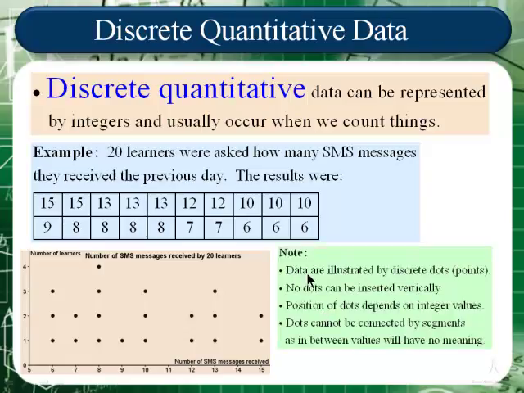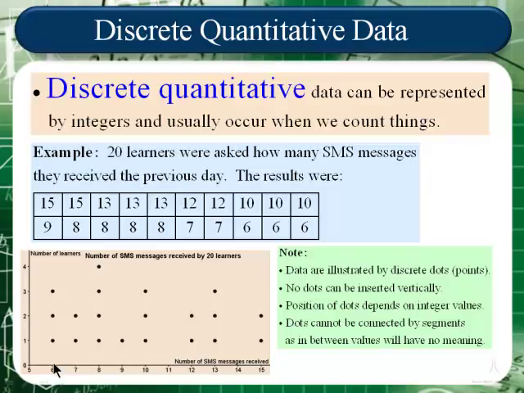Note, the data are illustrated by means of discrete dots or points. Now the word discrete means really that no dots can be inserted vertically. For instance, not 1.5 learners can receive 6 messages, nor can dots be inserted horizontally, for instance, between 6 and 7.